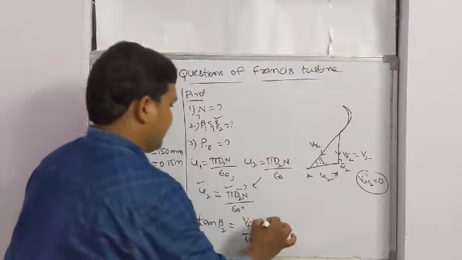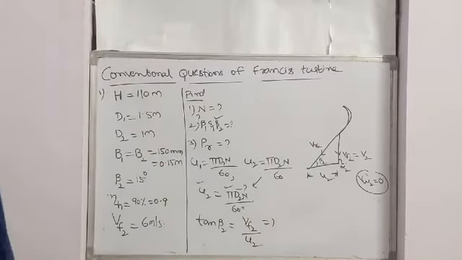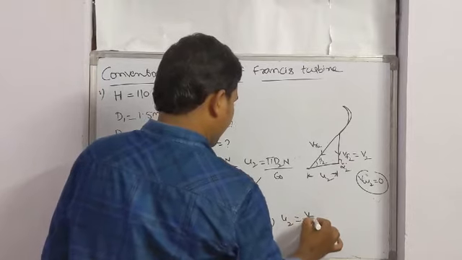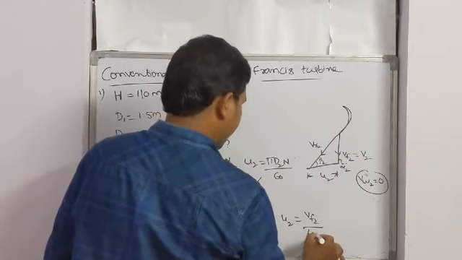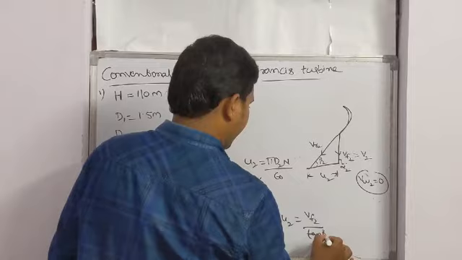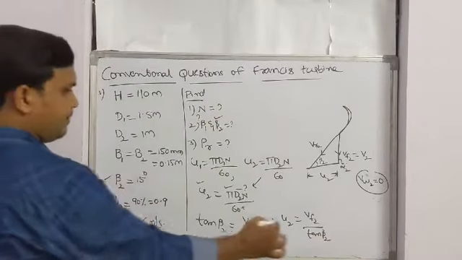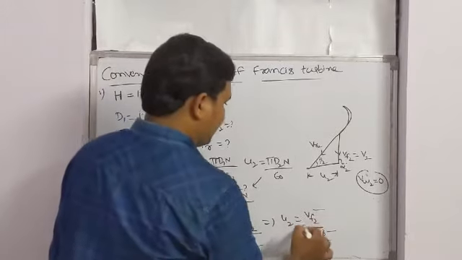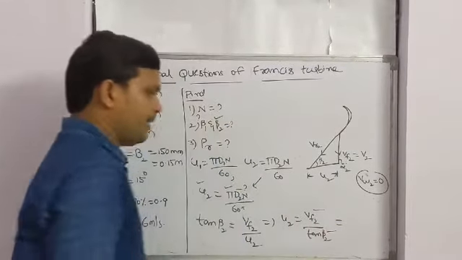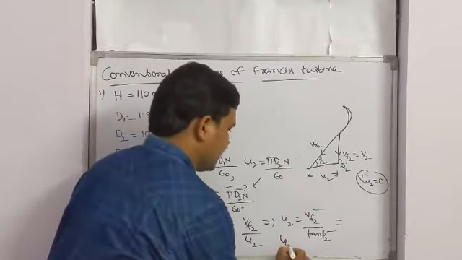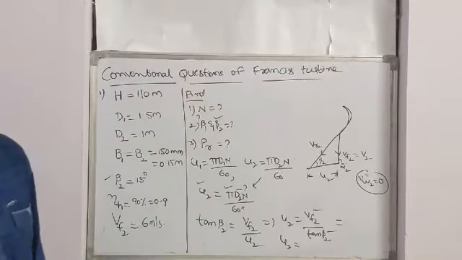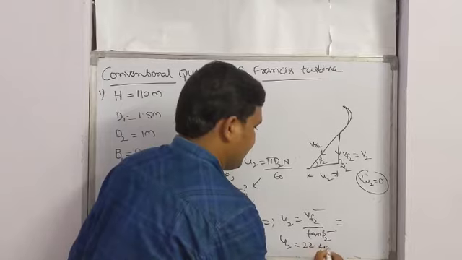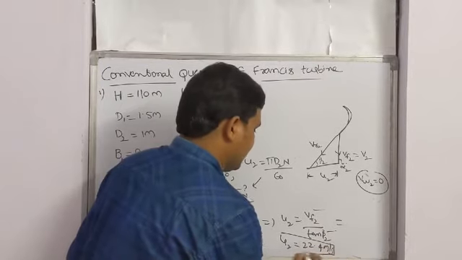So you can find U2 equals Vf2 by tan beta 2. Beta 2 is given, Vf2 is given, the flow velocity. By substituting Vf2 and beta 2, we got U2 equal to 22.4 meters per second. This is the U2 we got.